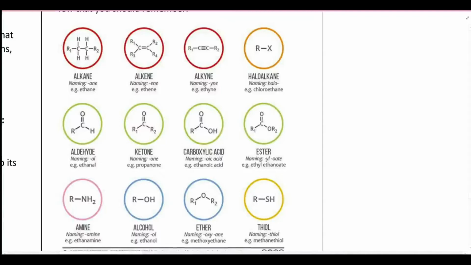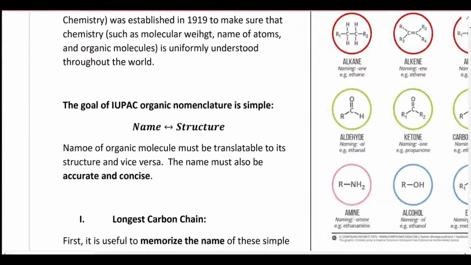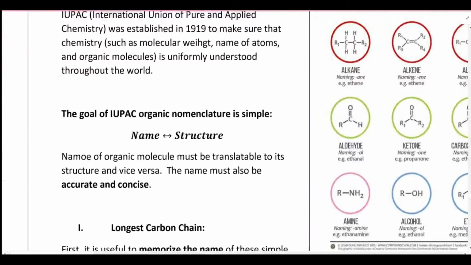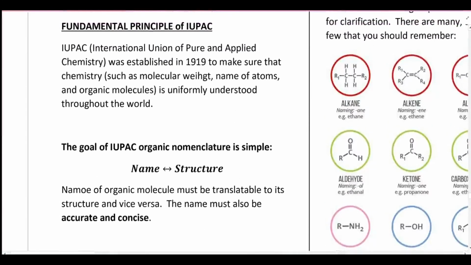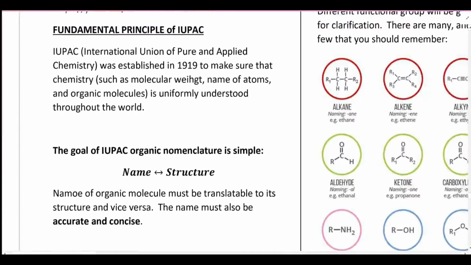Now, we're going to do a little bit of an informal one, and then we're going to go into a more formal one in terms of how to name a structure. The particular naming system that we're going to learn is the IUPAC nomenclature.